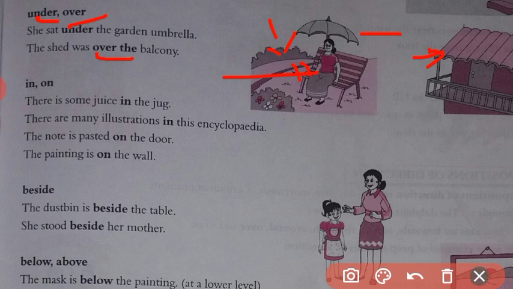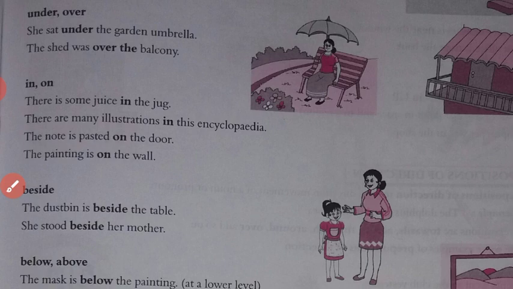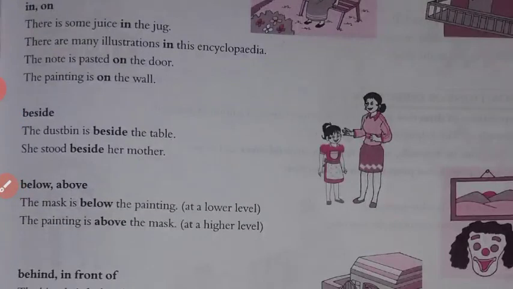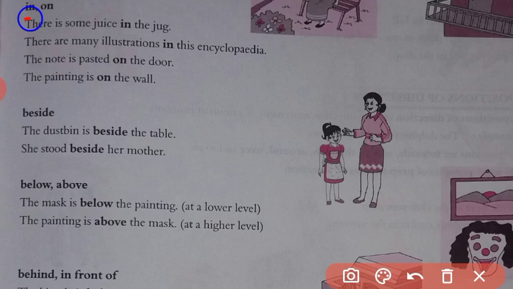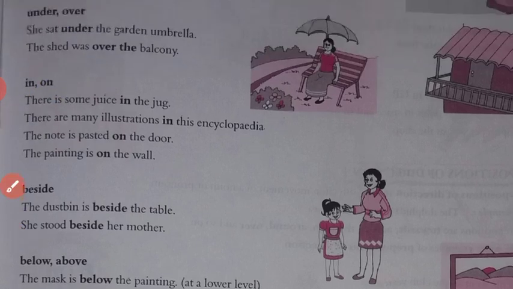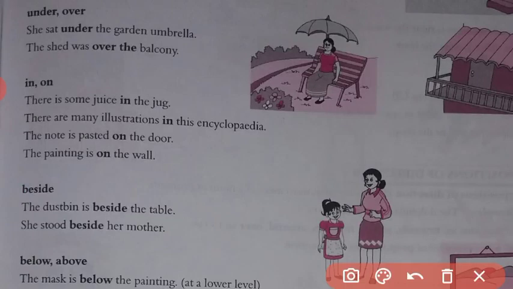Now, in, on. Here we can see the words in and on. How are they used in a sentence? See here: There is some juice in the jug. Here the word in is used as a preposition because it shows the relation between two things, that is juice and jug.